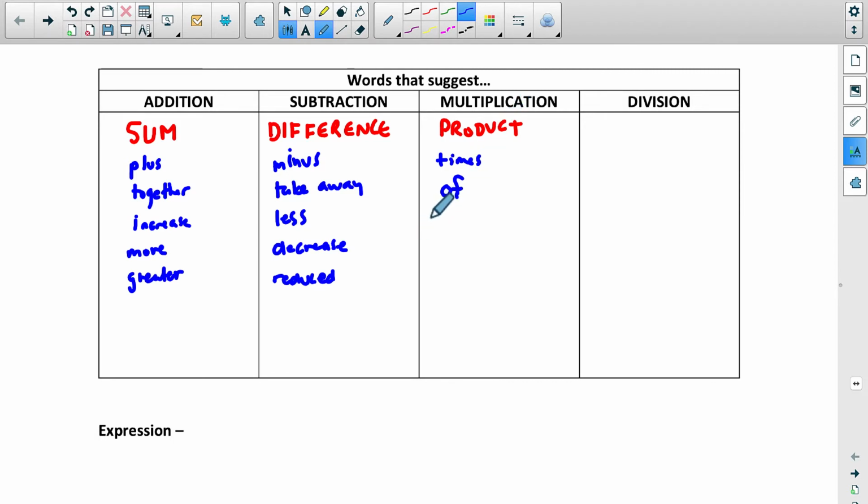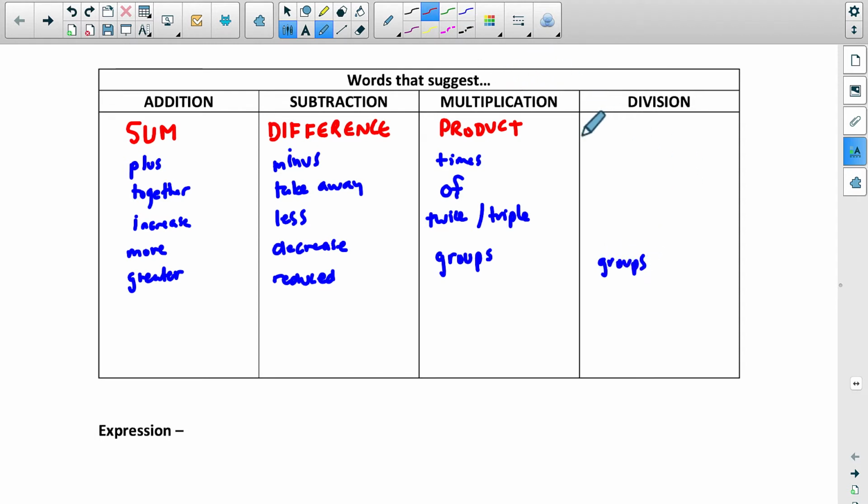How about twice or triple? If you have twice the amount of something, you have 2 times as much. If you have triple the amount, you have 3 times as much. And maybe one more I could write is groups. When you talk about groups, you're often talking about multiplication. However, when you're talking about groups, you could also be talking about division, so that can be a little confusing.